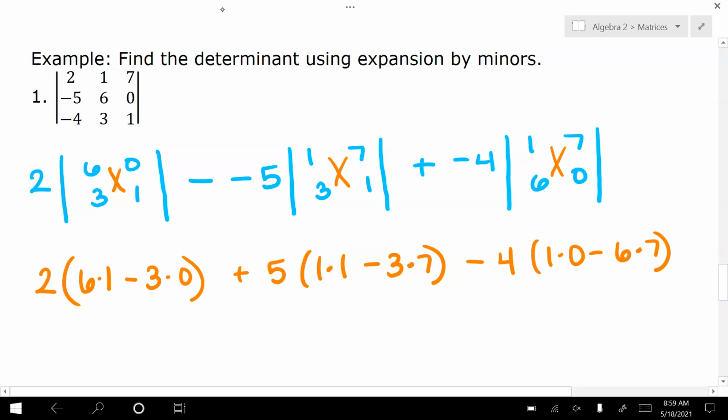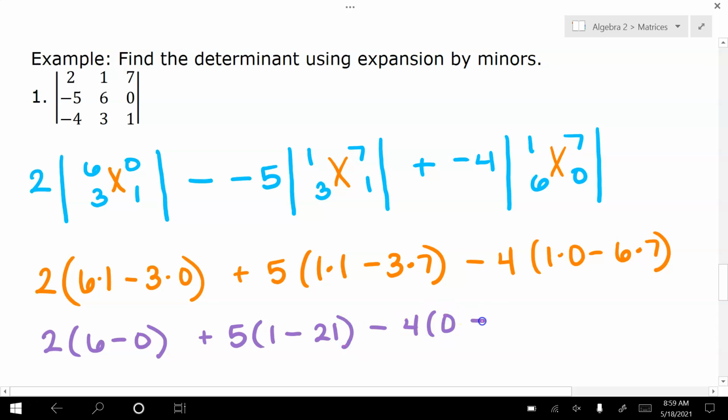All right, taking this a step further, we're going to have 2 times 6 minus 0 plus 5 times 1 minus 21 minus 4 times 0 minus 42.